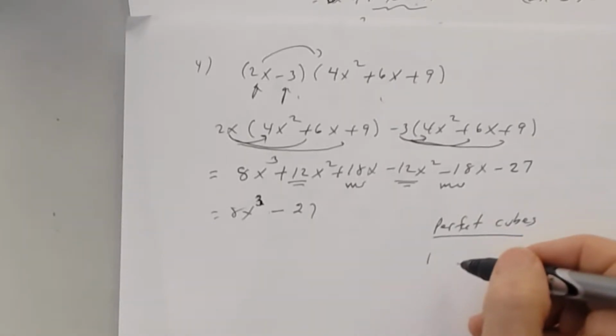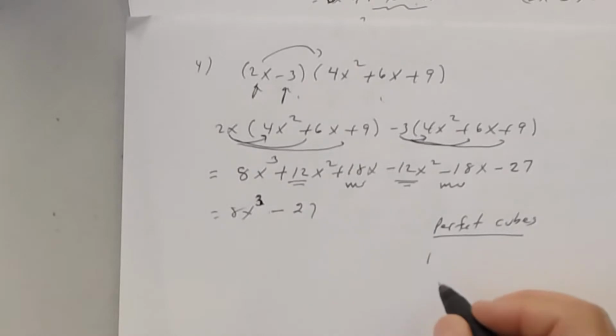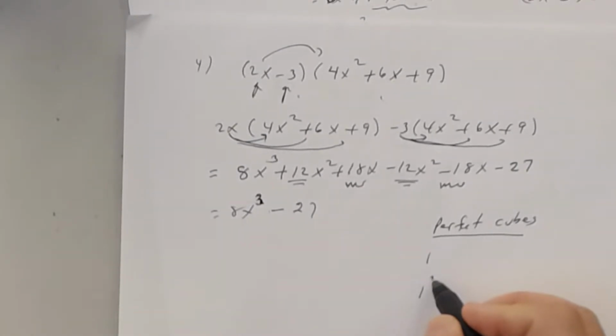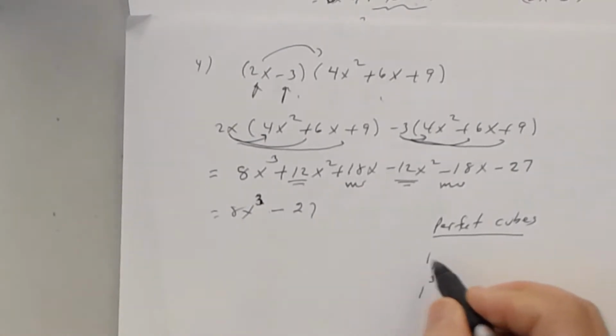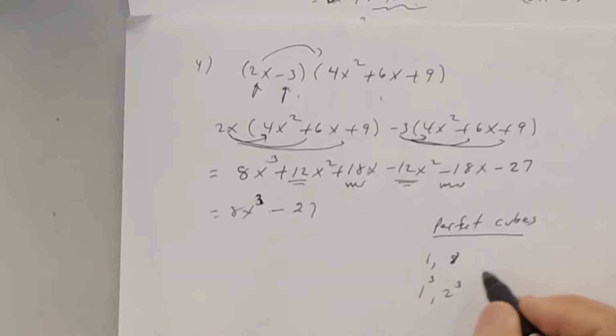Now remember, when we discussed the perfect squares, we said 1 squared, 2 squared, 3 squared, and so on. So when I do the perfect cubes, I'm going to say 1 cubed is what? 1. 2 cubed is what? 2 times 2 times 2. 8. 3 cubed is 3 times 3 times 3.